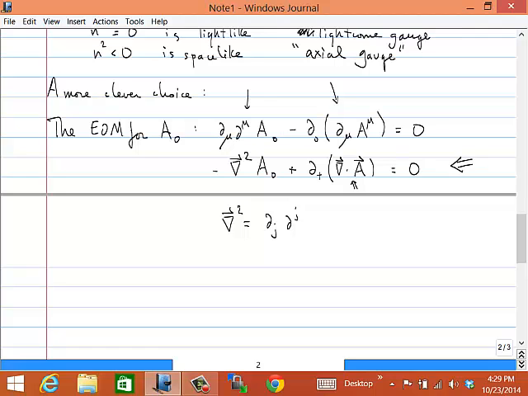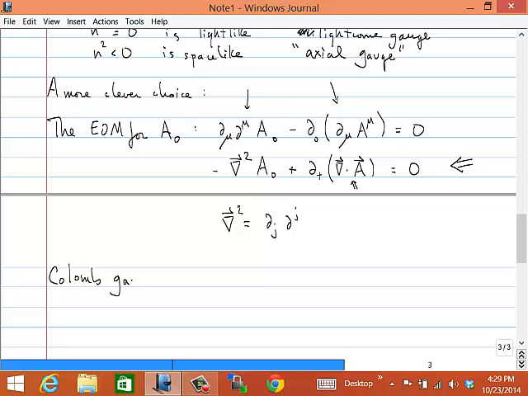So is that possible? Well, the answer is yes. Okay. So in particular, what we will do is we'll use what's known as Coulomb gauge, where we set del dot A equal to 0 by some judicious choice of that gauge parameter lambda.